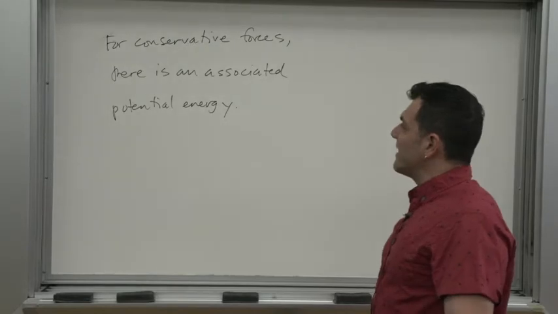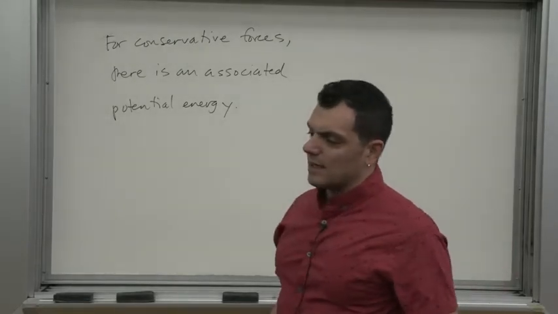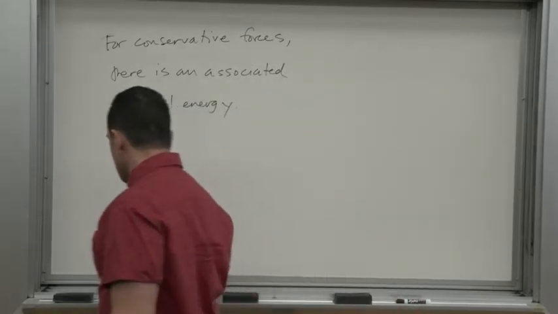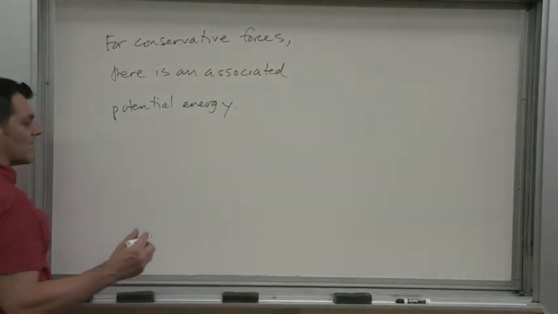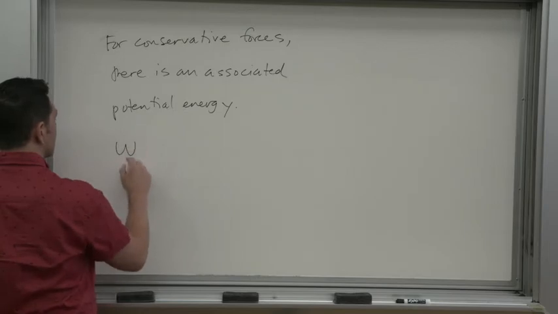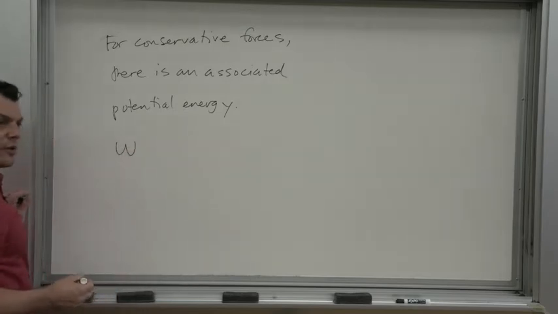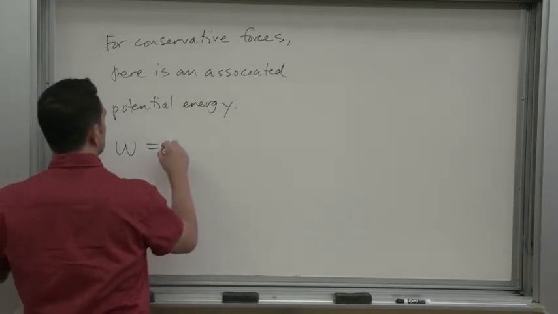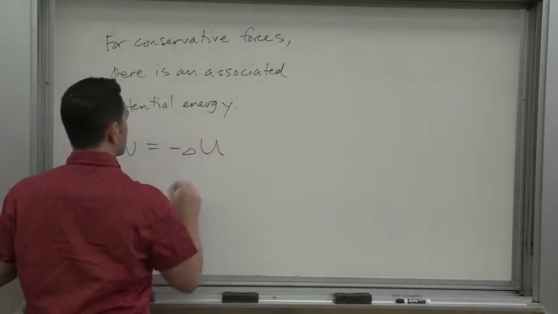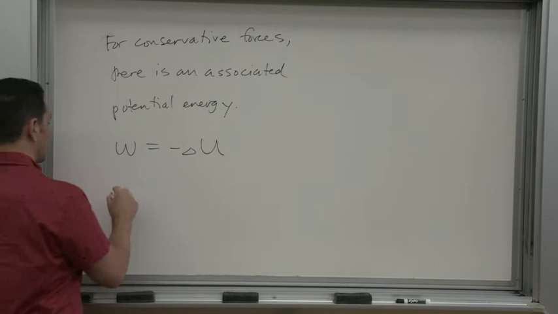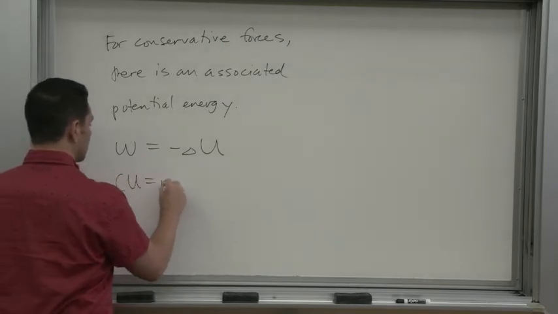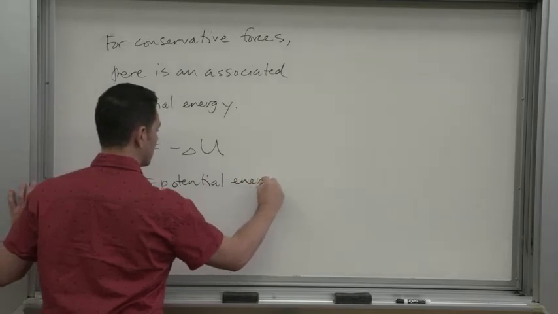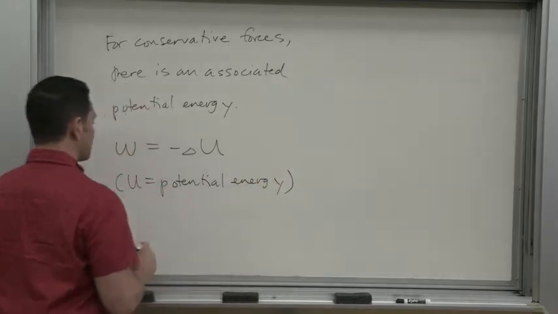And how do we define the potential energy associated with a force? Well, you do that in the following way. The work done by a conservative force can be written as the negative change in potential energy, where U is what we're defining as potential energy.